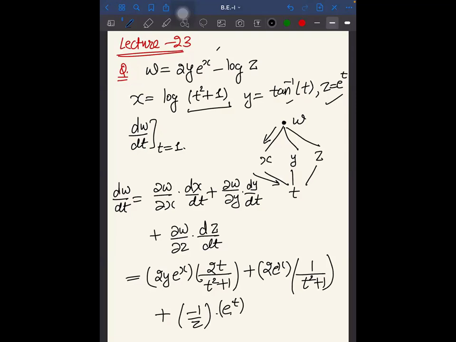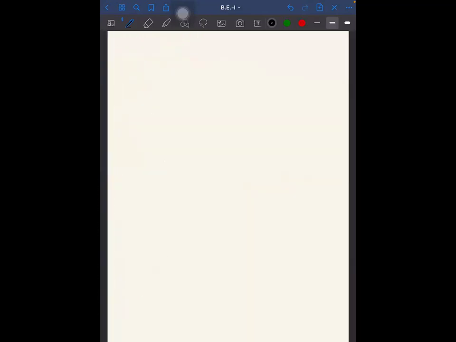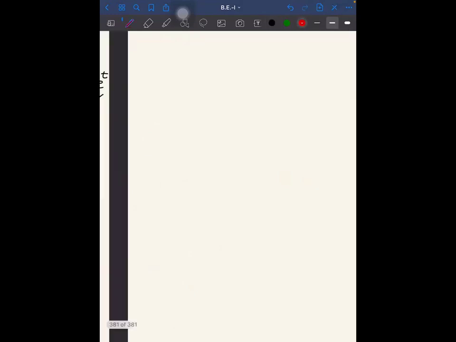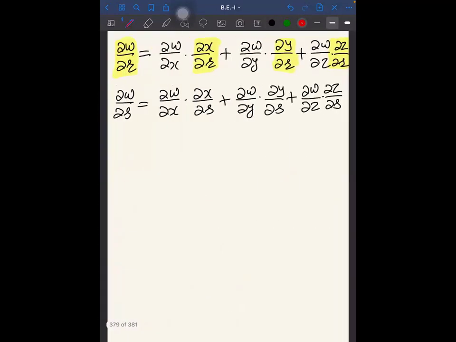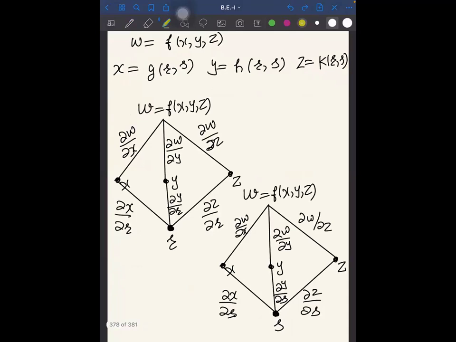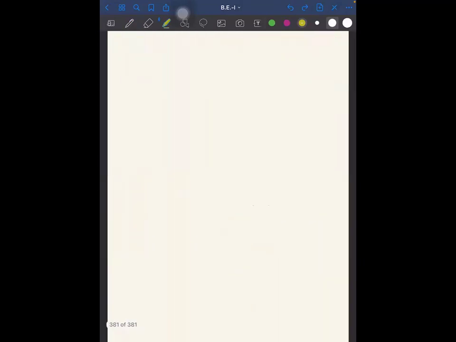Okay, so let's do one more question which contains two variables. In that case, we'll be using the partial form, which we discussed in the last lecture. If we have two variables, we have two separate tree diagrams for the partial derivatives.